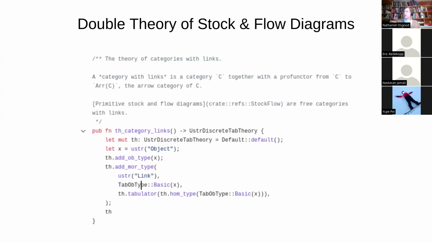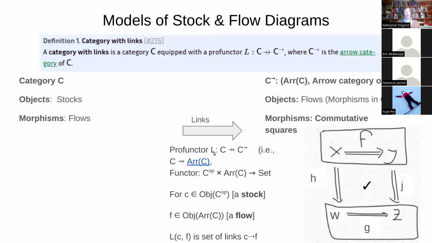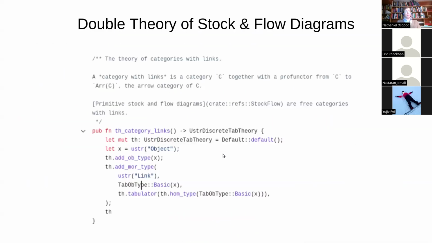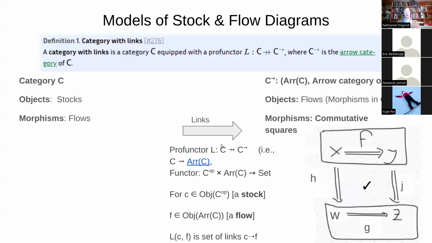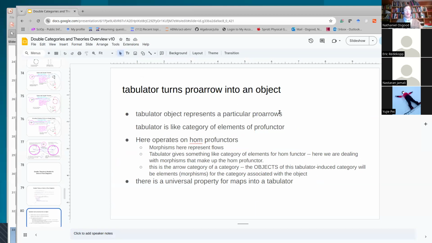It's going to be turned into a category that represents the category of elements associated with this Hom profunctor. And basically, that's going to turn into what's called the arrow category of category C. So this object is going to turn into a category, and that other object will represent the arrow category of this category C. Now, I want to talk with you about the arrow category.